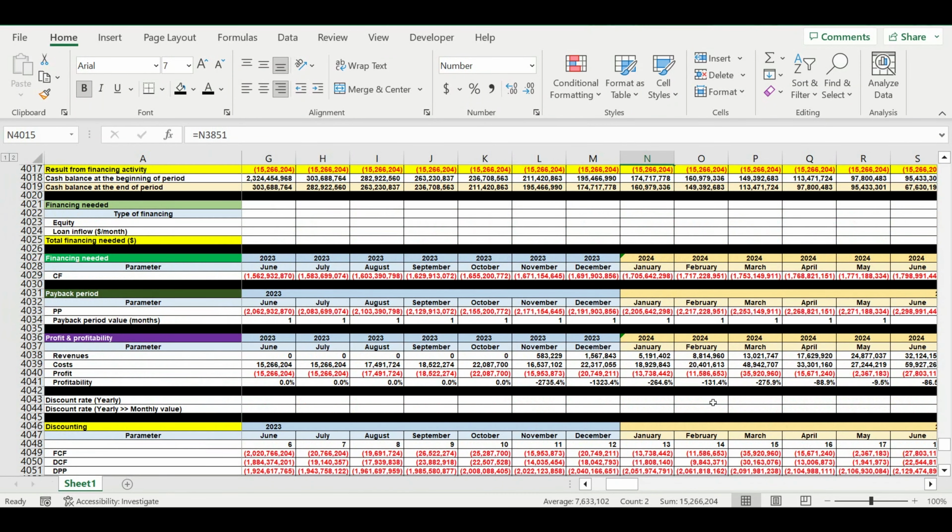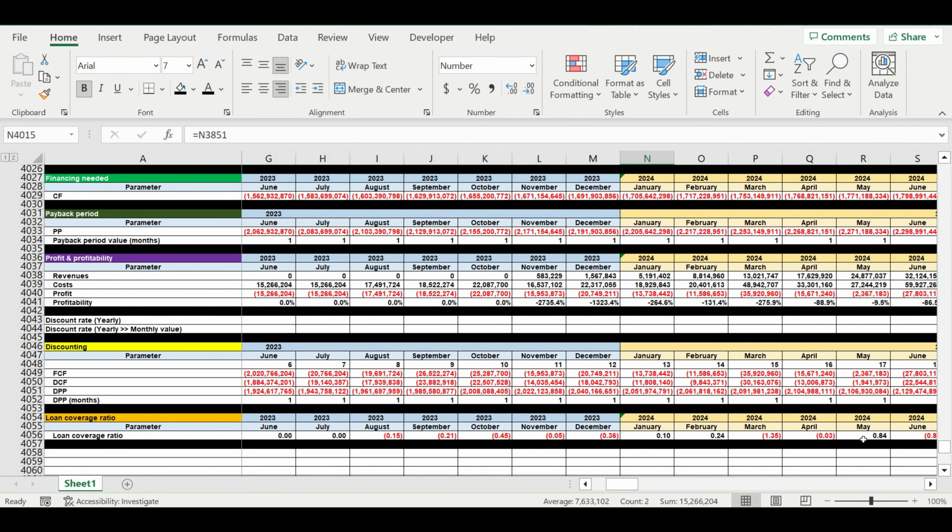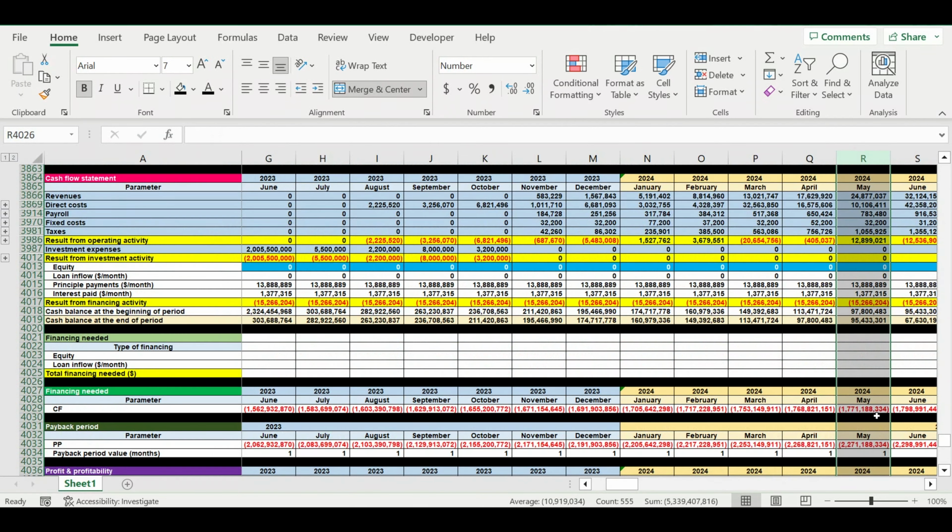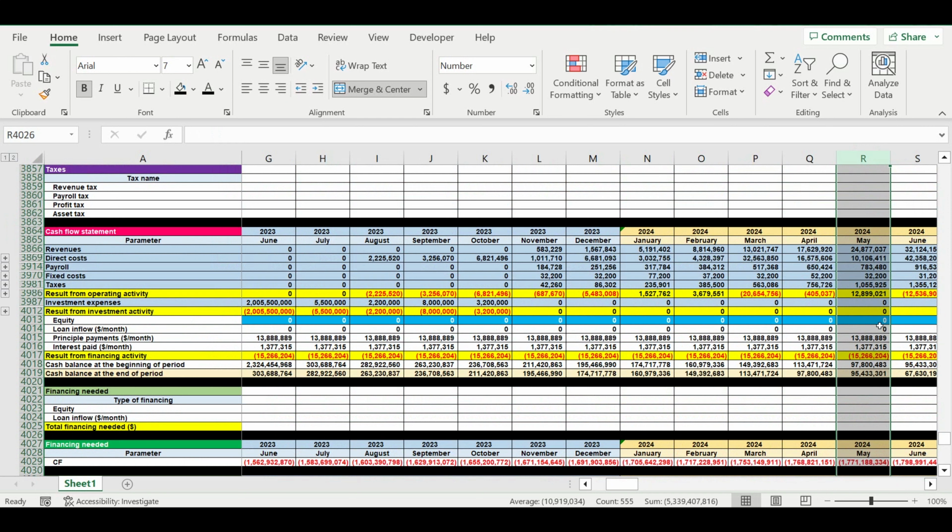If we look, for example, here where there is 0.84, this means that our operating profit almost equals the payment. You can see, they are almost equal, and all we earn we pay to the bank.